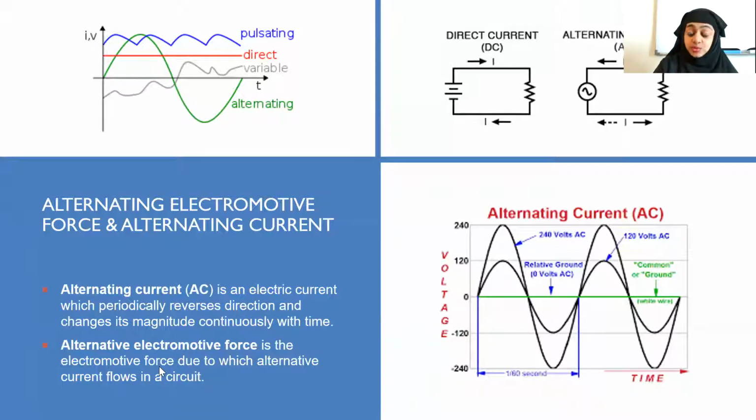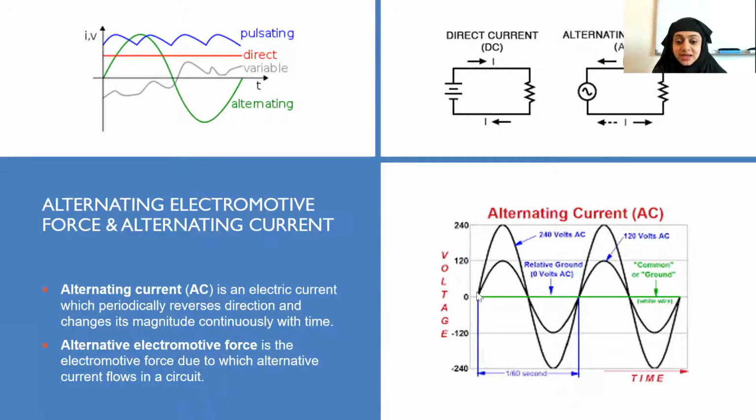It is the electromotive force due to which an alternating current flows in a circuit. So the AC current is caused due to an alternating voltage or alternating EMF. That is called alternating EMF or electromotive force.